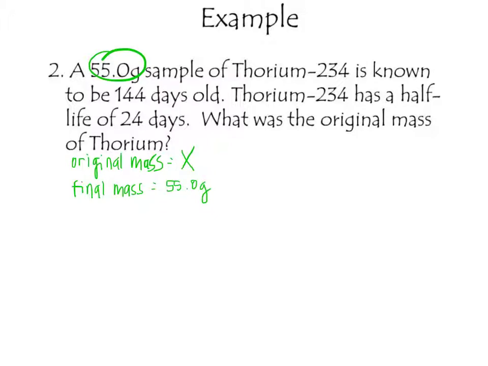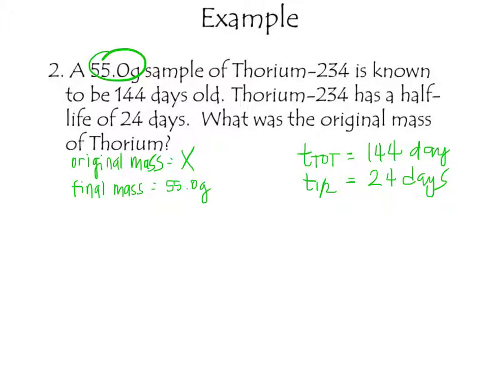Now, the other 2 variables presented in this problem are how old the thorium-234 is. It states there, so that's our total time elapsed. So T total is going to represent how old this thorium-234 is, and that's 144 days old. And the half-life, which I'm going to represent by T 1/2, is 24 days.